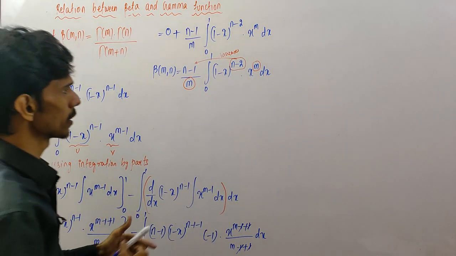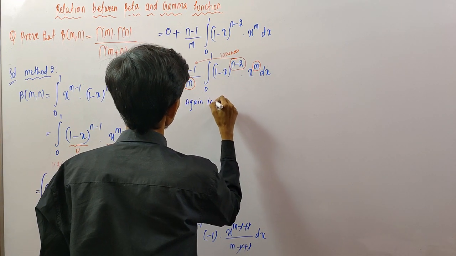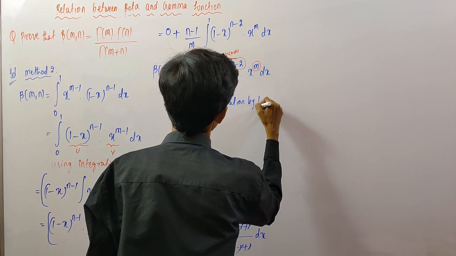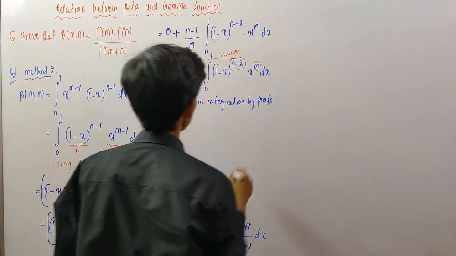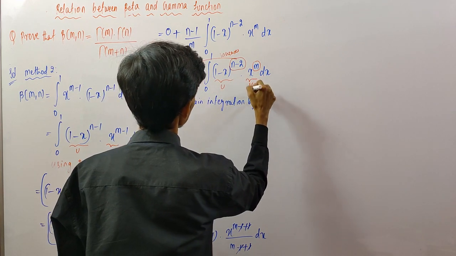Now again apply integration by parts, taking this as u function and this as v function.